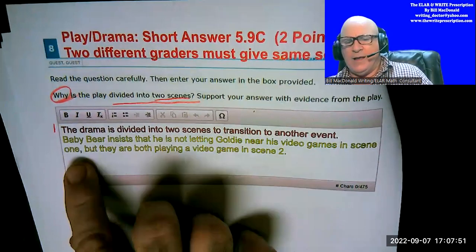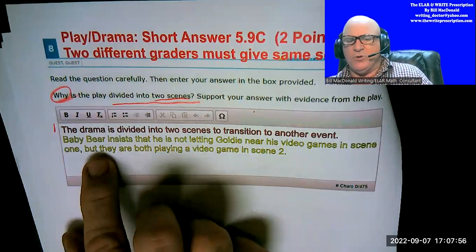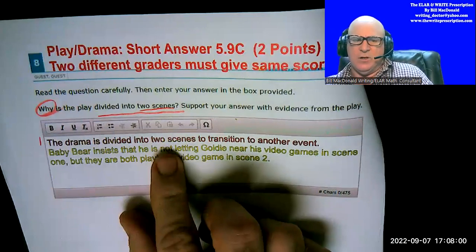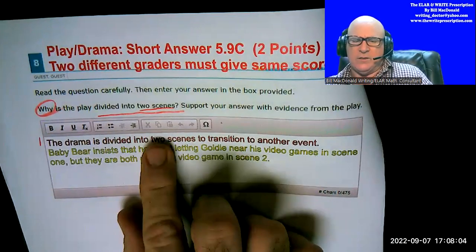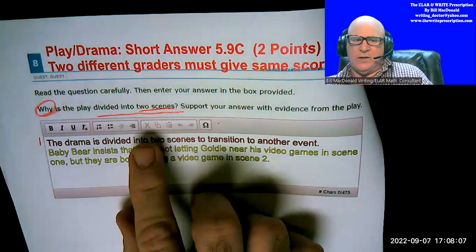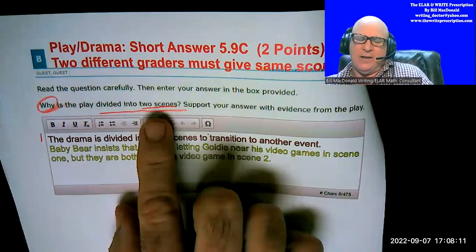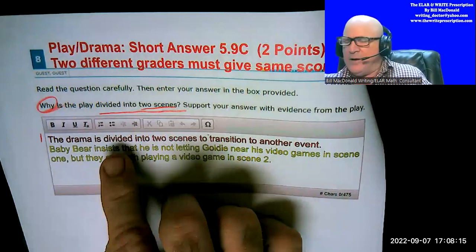But they are both playing the video game in scene two. Because that's two different events, that's a compare and a contrast. You need to know about both scenes in your evidence because they're asking about both scenes. So if you only give me an answer about one scene, that would be a problem.